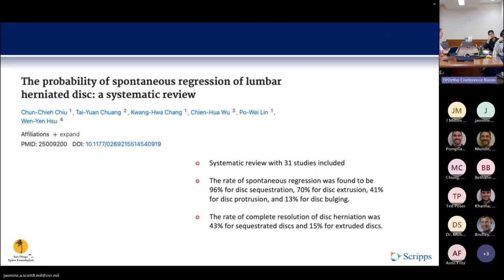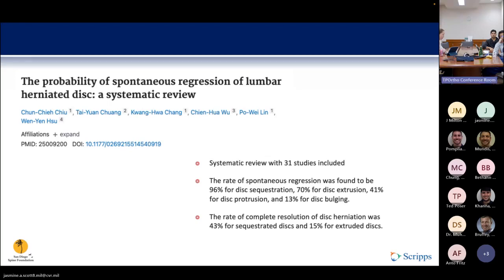All right, this paper just shows that there is spontaneous regression of lumbar herniated discs. This was a systematic review of 31 studies. They found the rate of spontaneous regression was 96% for disc sequestration, 70% for extrusion, 41% for protrusion, and 13% for disc bulging.